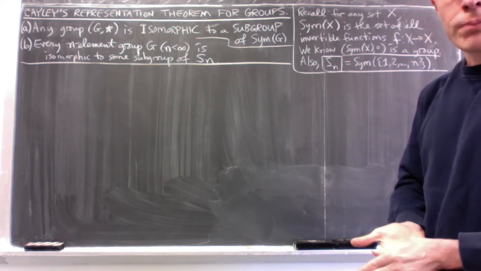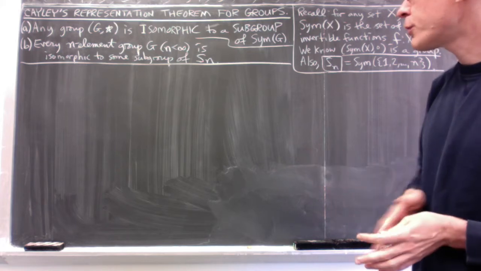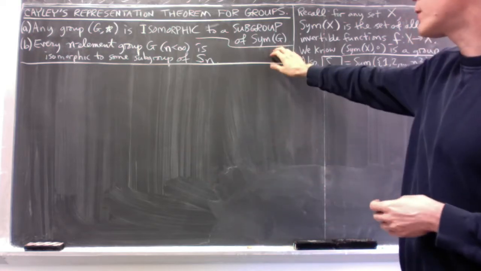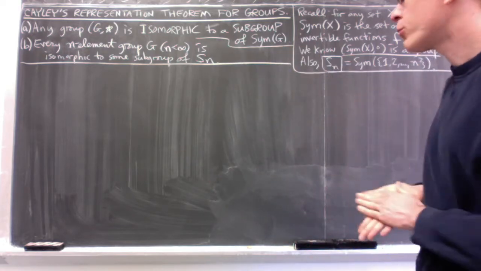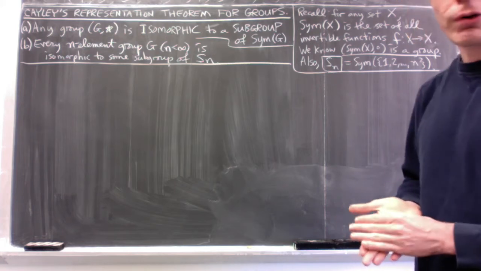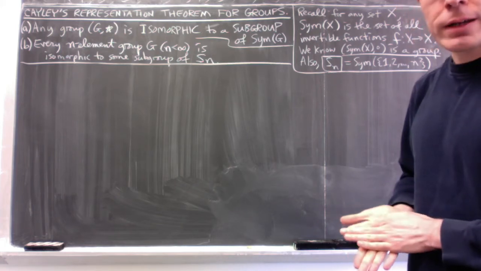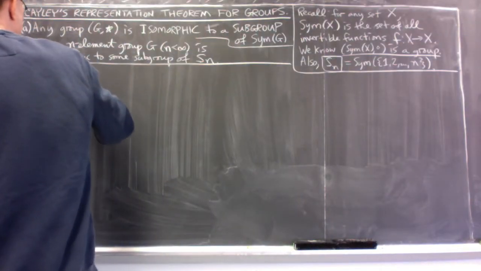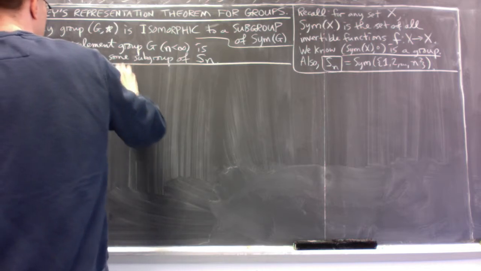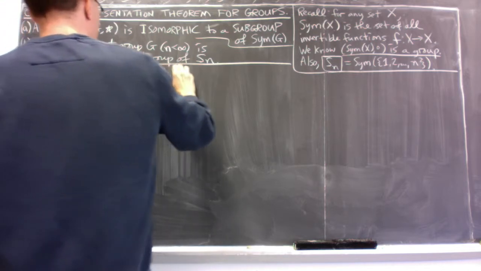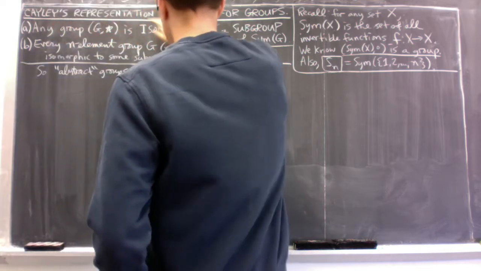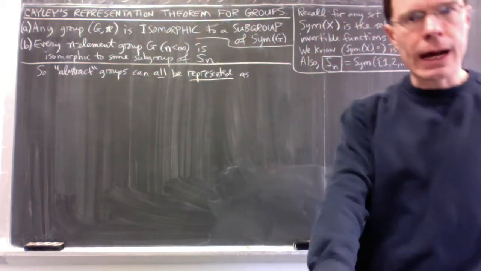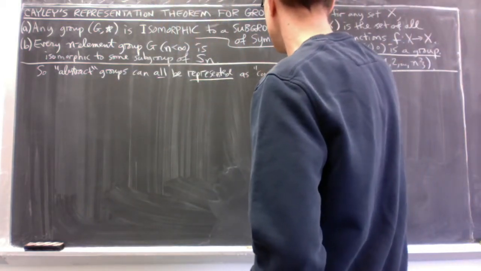If you understand more properties of symmetric groups and permutations and function composition, you're secretly also learning about all groups, because they all appear as subgroups of these symmetric groups. So it's a fantastic result for making the abstract idea of a group more concrete. Abstract groups can all be represented, to get this word in there, as much more concrete groups of permutations.